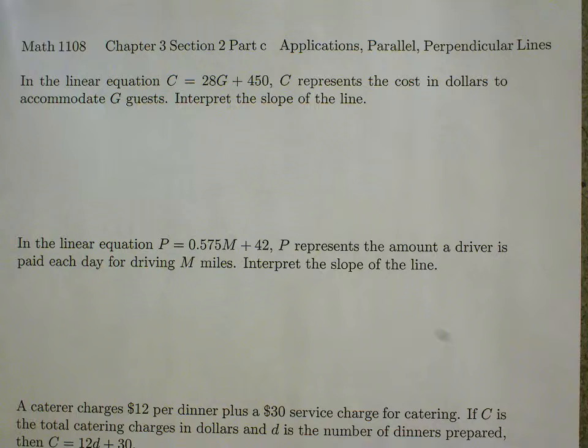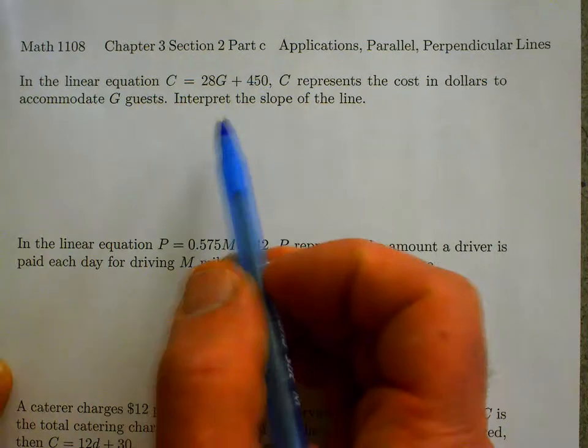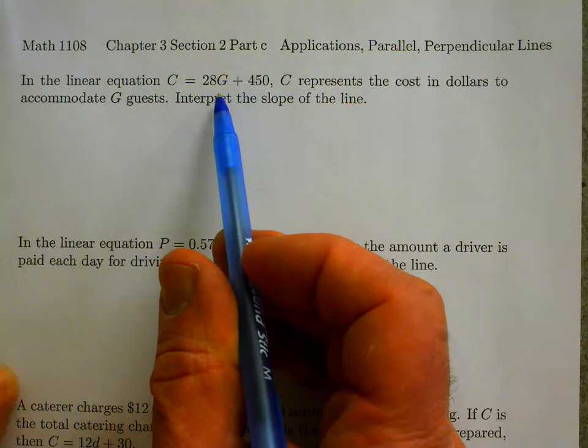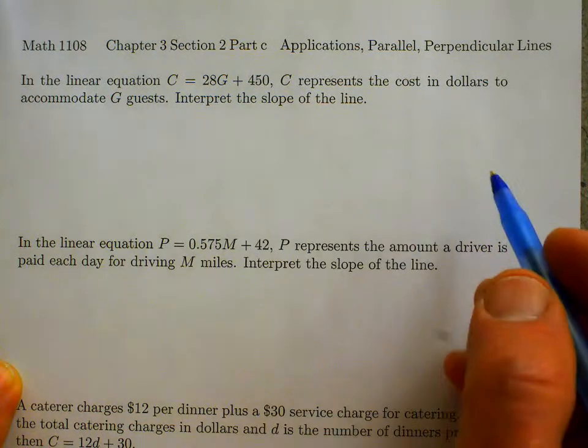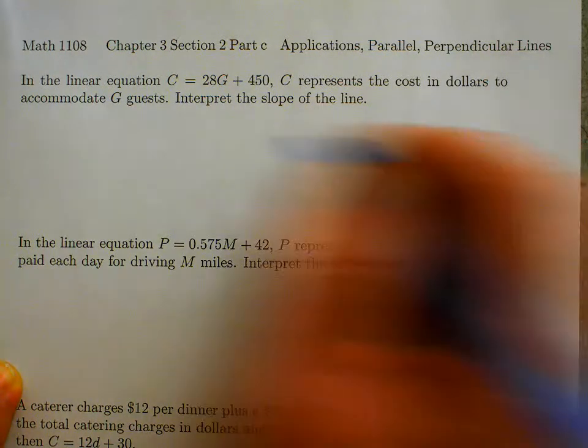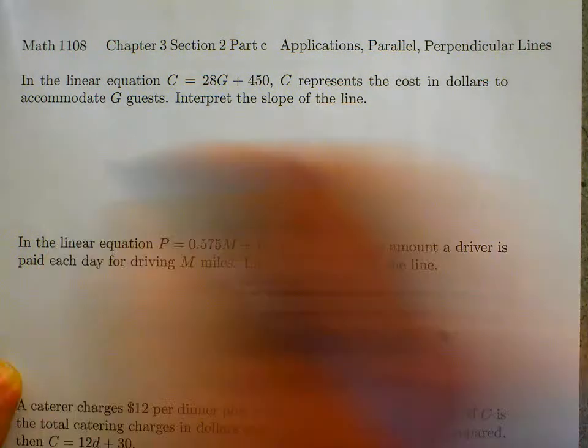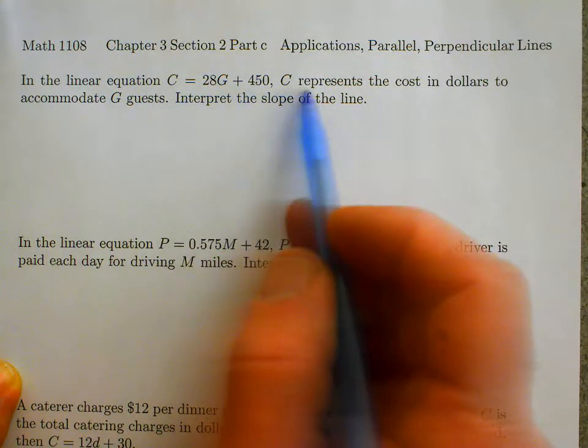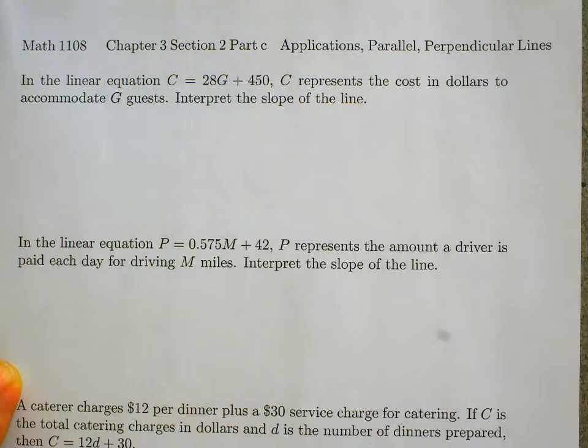Okay, what's the slope of the line? Yeah, 28 is the slope, but what are the units? So if we were given ordered pairs, okay, this doesn't look like y equals mx plus b, but it has the same form as y equals mx plus b, just different variables.